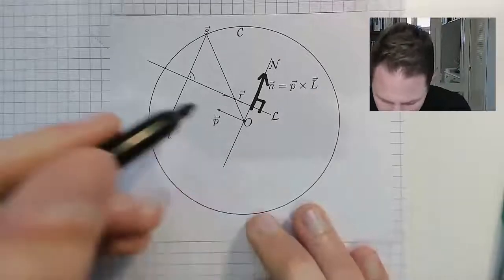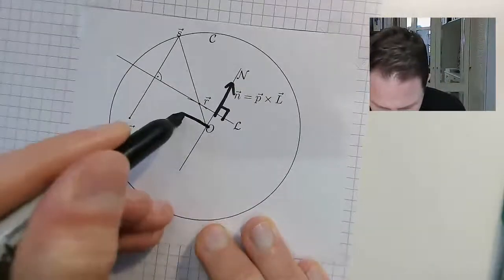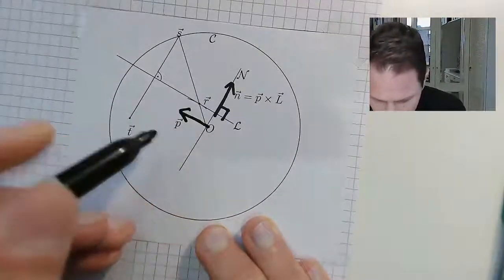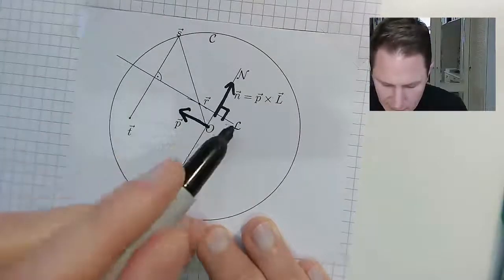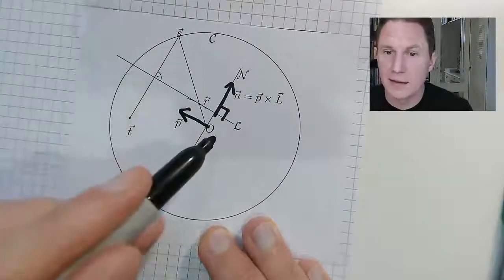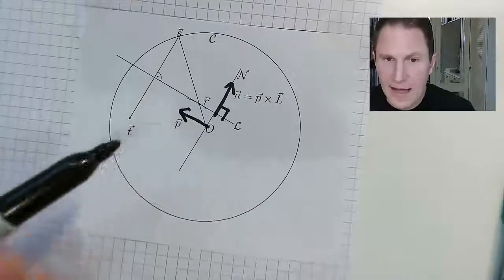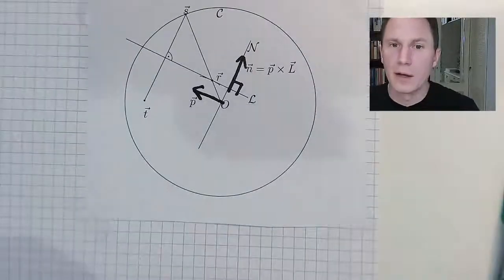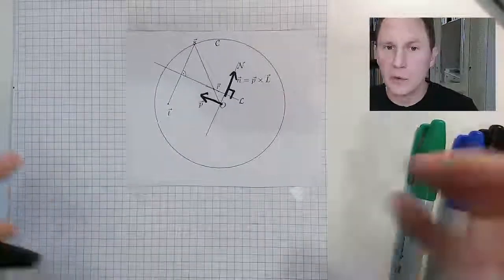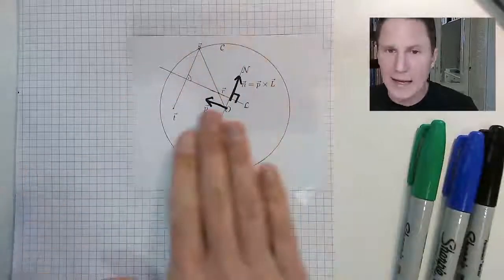Why? Because the linear momentum points along the tangent line, so it's in this plane, and the angular momentum is perpendicular to the plane of the motion.